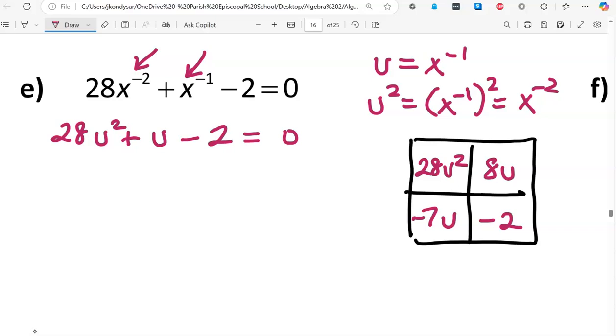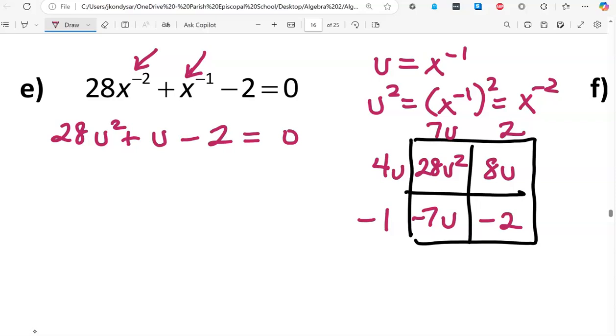So 28u squared minus 7u, we can factor a 7u from that. And 8u minus 2, we can factor a 2 from that. And then 28u squared plus 8u, we can factor a 4u from that. And then on the bottom, the only thing that we can factor is a -1.